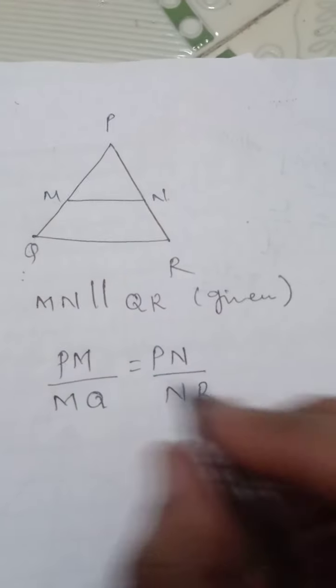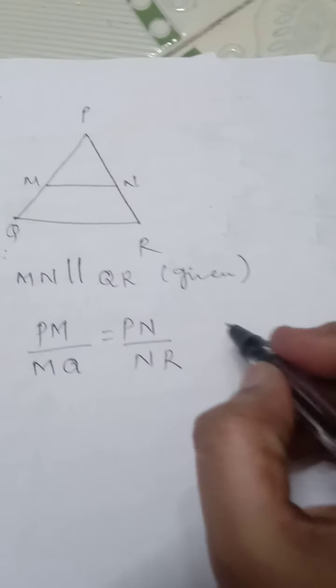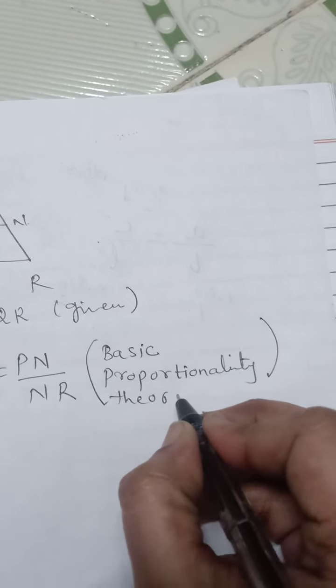And whenever we apply this, or take these two ratios as equal, we will write the reason basic proportionality theorem. Don't use the short form, you have to write the full statement only. So basic proportionality theorem.